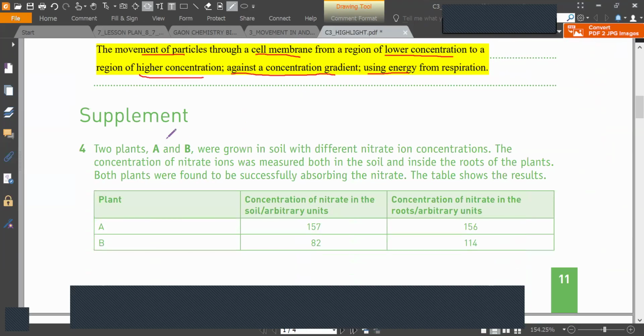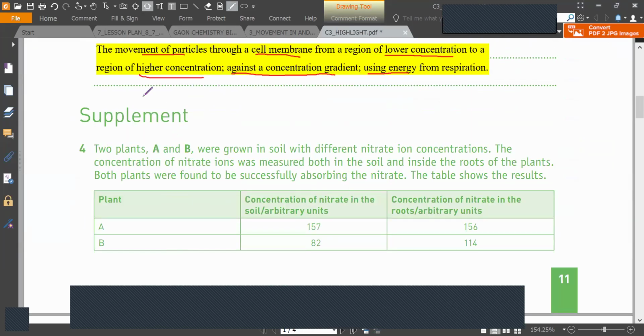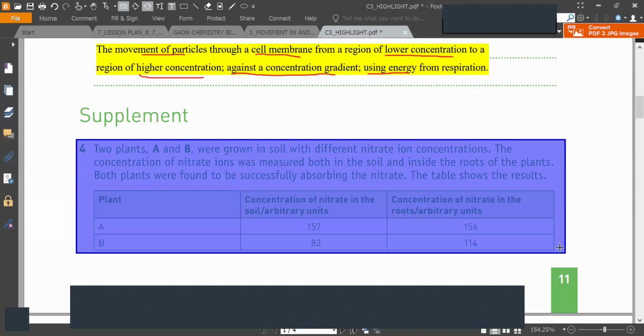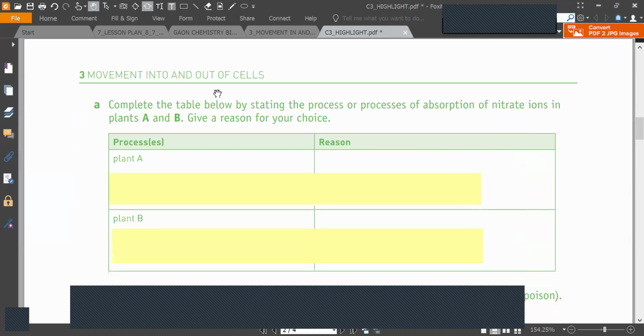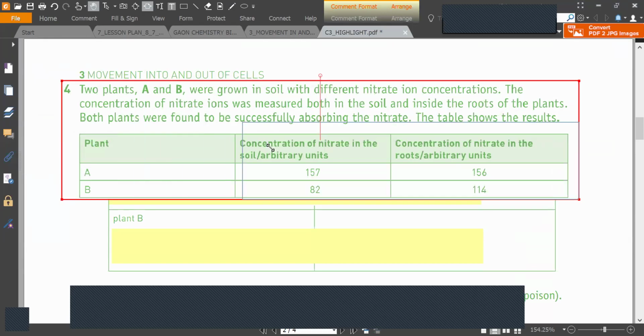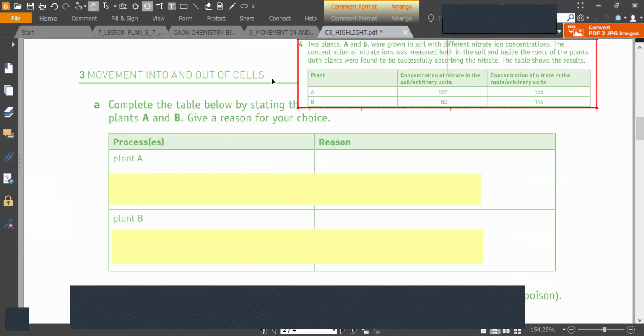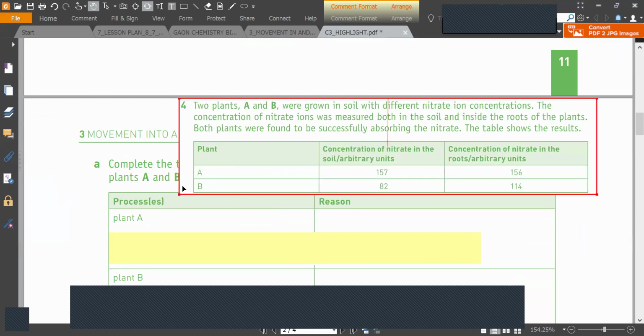Next, we will look at the question. Let me just copy this and put it here. So what is happening here? We can read the question first.